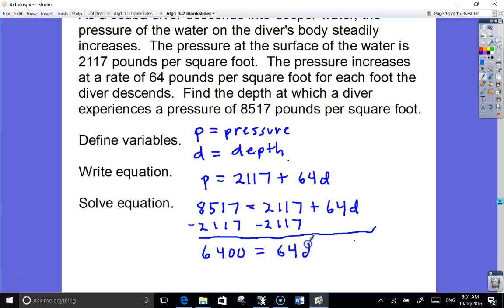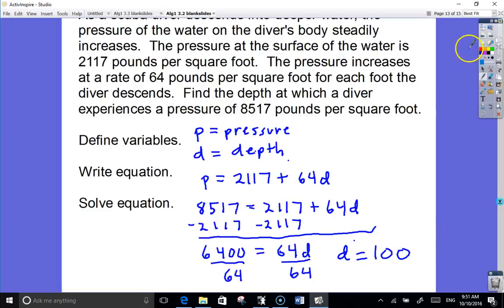Okay, last step to solve this thing? Divide by 64. So what does D equal? 100. So at 100 feet, the pressure is 8,517 pounds. Ouch.